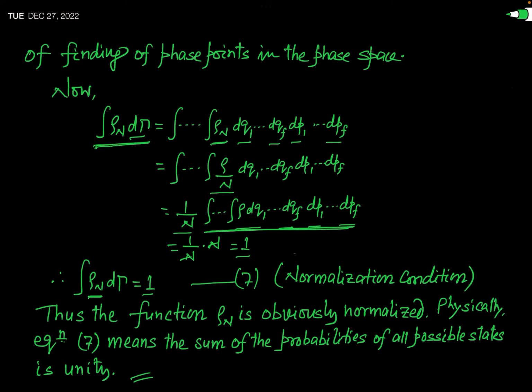So the sum of the probabilities of all possible states of our system in the phase space is equal to unity. So this was the idea of the density distribution function and the normalized density distribution function.